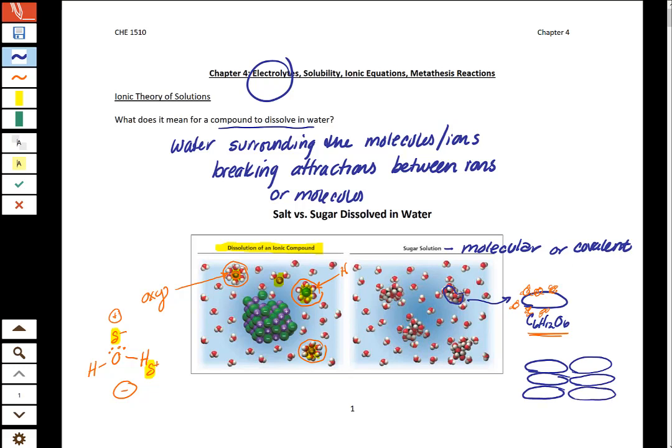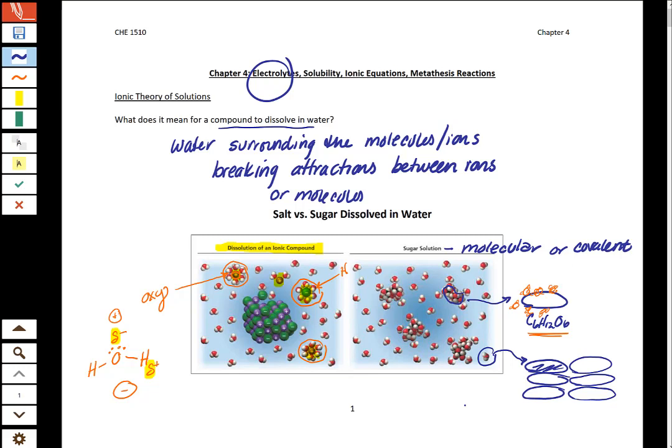And then the water molecules come in and migrate over to the sugar molecule. They attract themselves to the right spots, and then they pull this guy away from his friends and surround it in water. And so that's what it looks like when you are trying to draw the picture of an ionic compound versus a molecular compound dissolving.